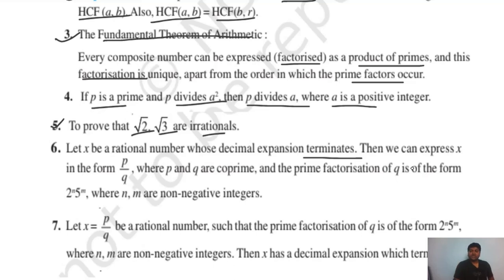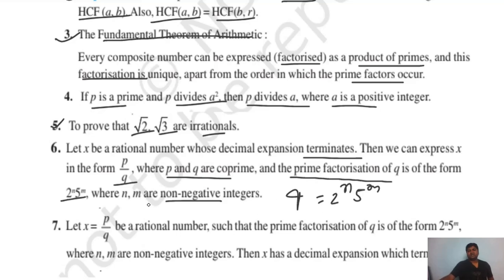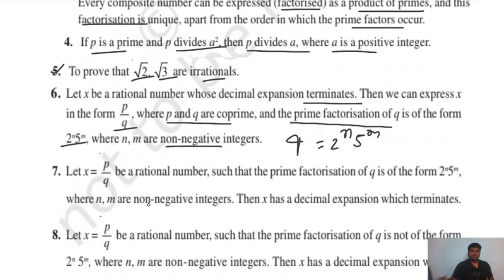Then we can express x in p by q form, where p and q are integers and co-prime, and the prime factorization of q is in the form 2 to the power n times 5 to the power m, where m and n are non-negative integers. When we represent q as 2 to the power n and 5 to the power m, we note that the decimal expansion of this p by q form terminates.